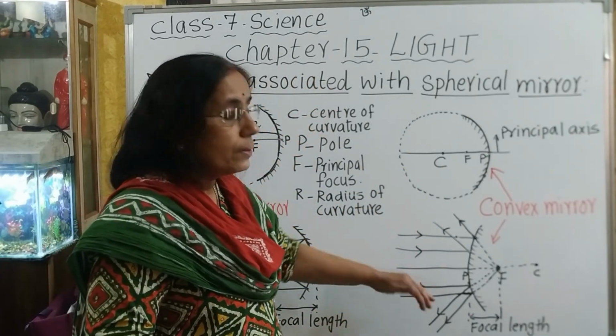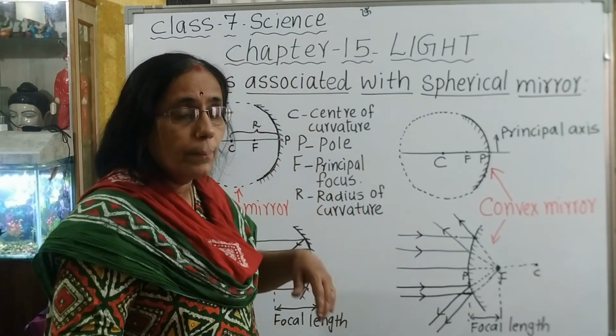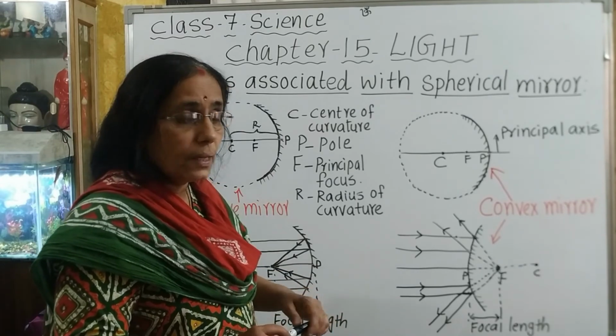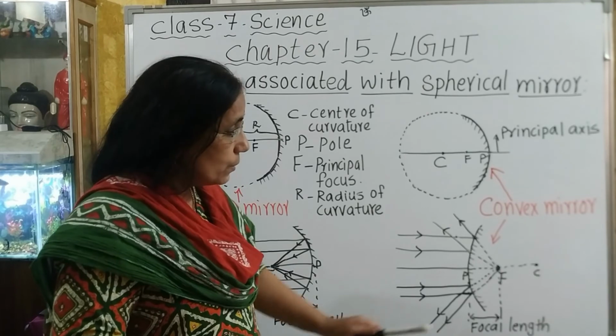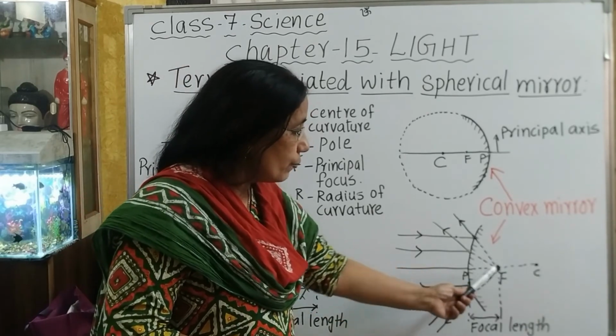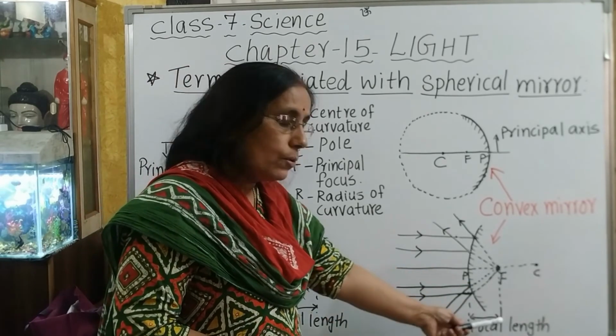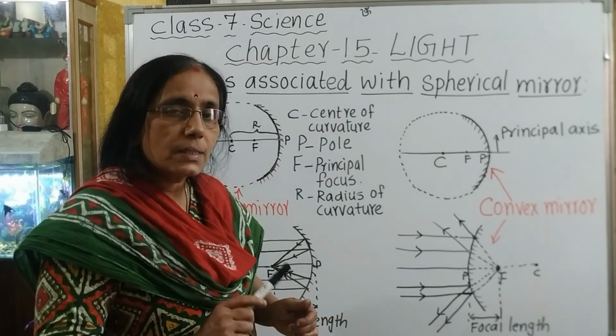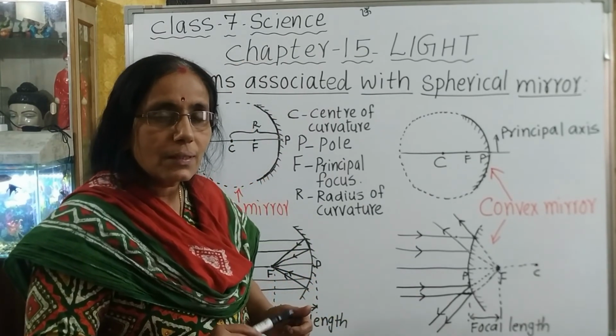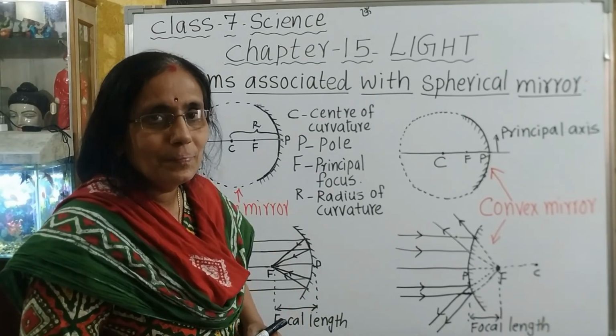Since it is formed by the extended rays behind the mirror, we can say that the principal focus of a convex mirror is not real. The distance between F and P is considered the focal length. So what we can conclude is that the principal focus and focal length of a convex mirror are not real.